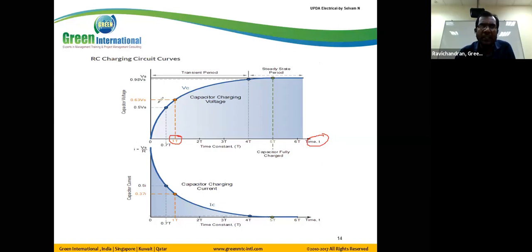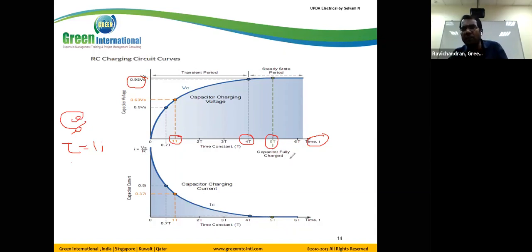At tau equal to 1, that is one time constant, it reaches 0.63 of the maximum supply voltage, that is 63%. At four time constants, it reaches 98%. At 5 tau, it reaches almost full voltage.